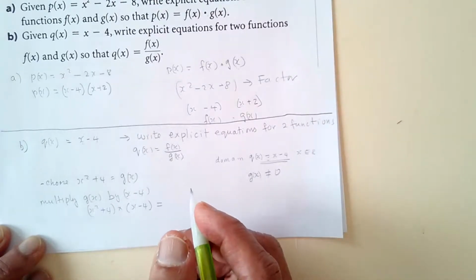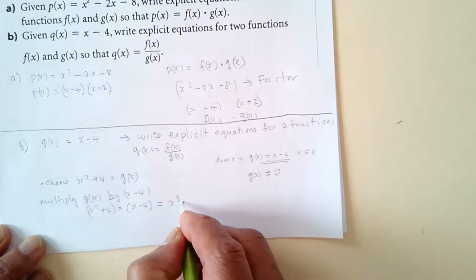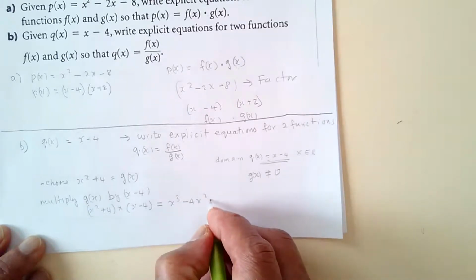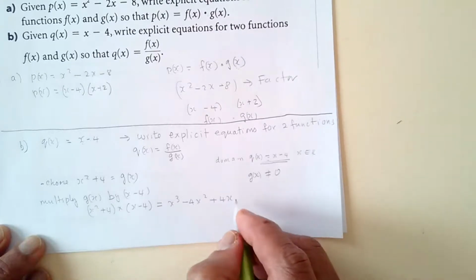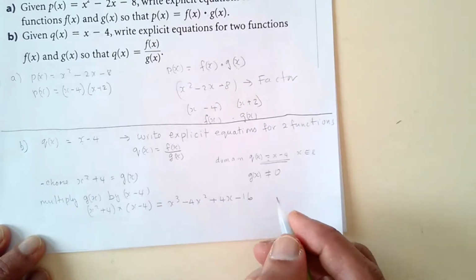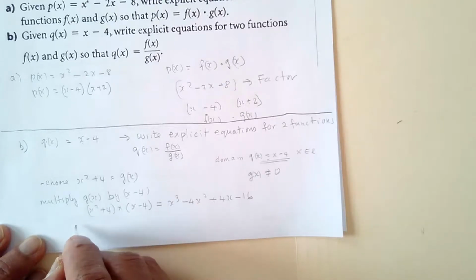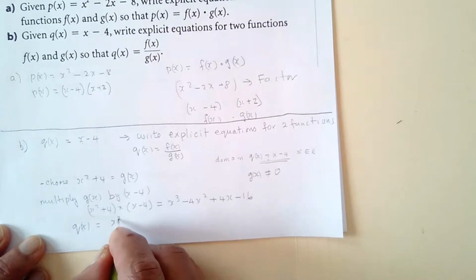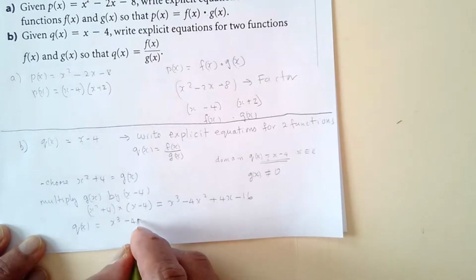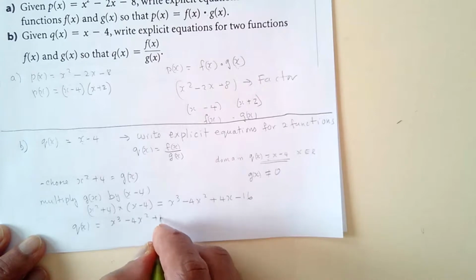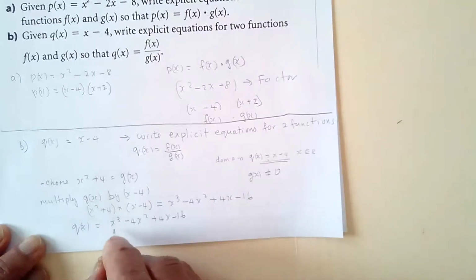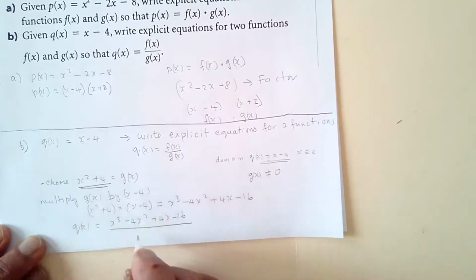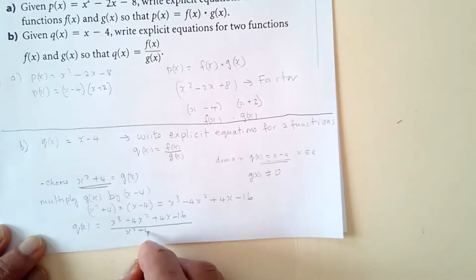And this would give me x cubed minus 4x squared plus 4x minus 16. So finally, I could write q of x is equal to x cubed minus 4x squared plus 4x minus 16 divided by the non-permissible one that I chose here, which is x squared plus 4.